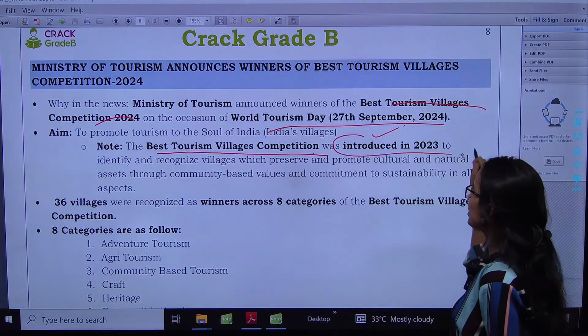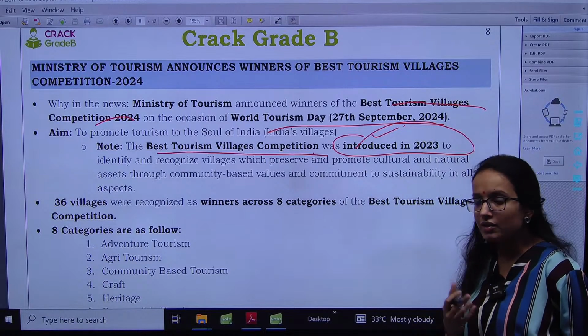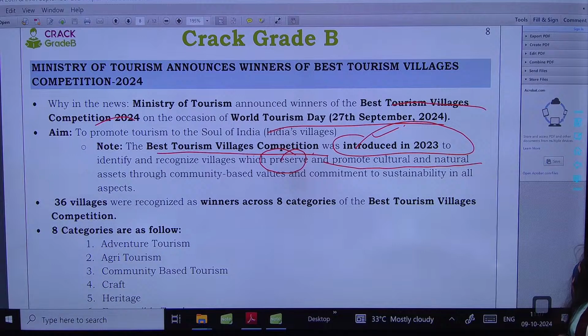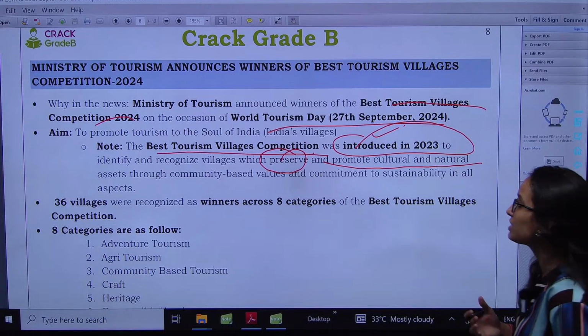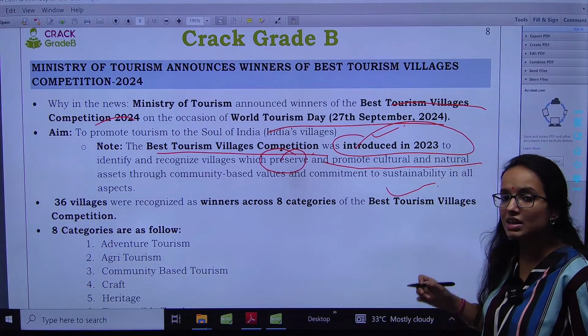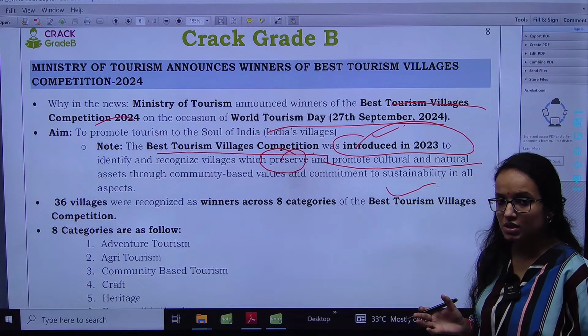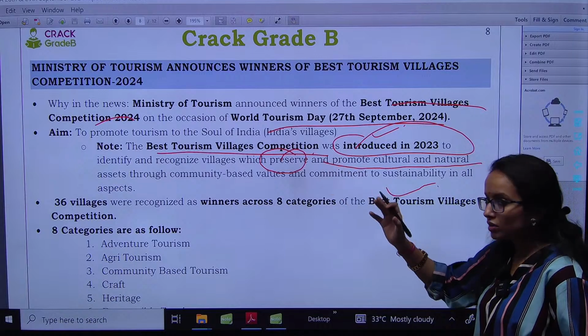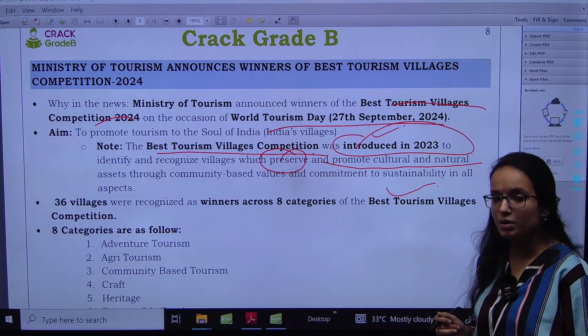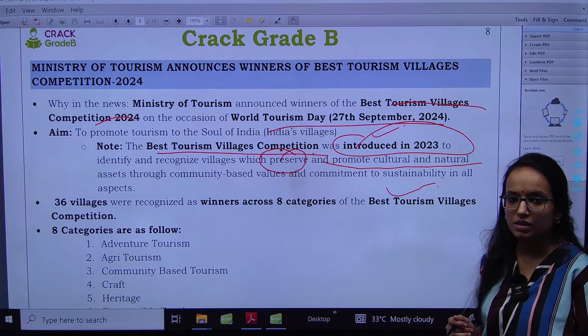It was introduced in 2023 to identify and recognize villages which preserve and promote cultural and natural assets through community-based values and commitment to sustainability in all aspects. So basically, community engagement in villages for cultural and natural preservations of the assets, village assets, community assets is there.